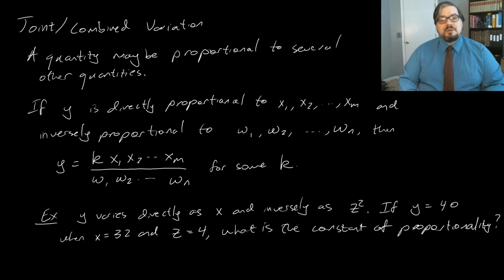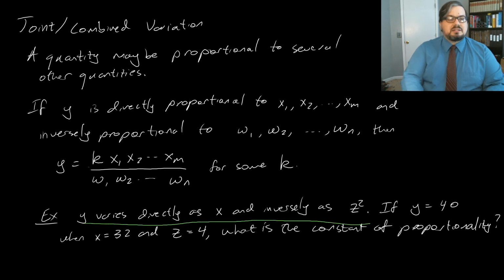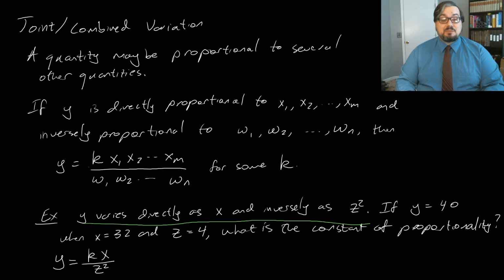So here we want to start off by writing down the equation that's given to us here. Y varies directly as x and inversely as z squared. Don't forget to include the constant of proportionality. That won't be called out, but it's part of the statement involving the proportion that we've got this constant k that sits here.